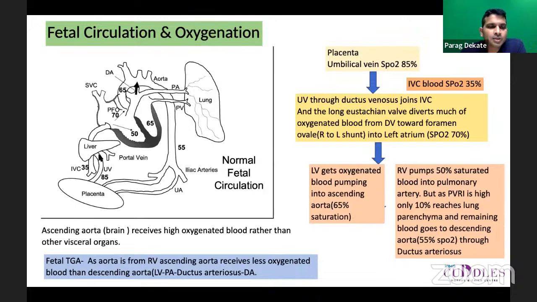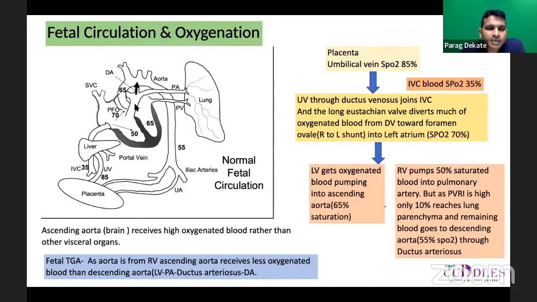Through the ductus venosus, the blood will go into the inferior vena cava. The IVC is having 35%, the UV is having 85%, and the ultimate saturation you will see is almost 70%. This 70% blood will cross through the foramen ovale and go into the LA. So 70% is going into the LA, you can consider.